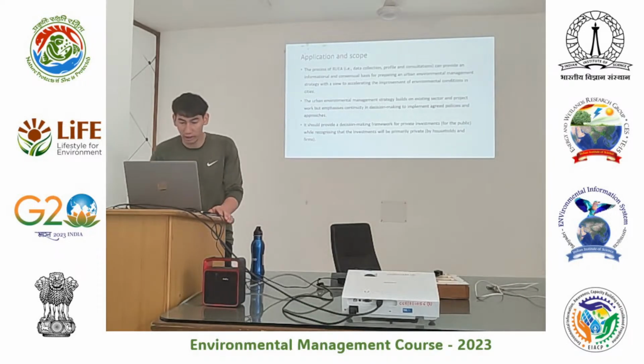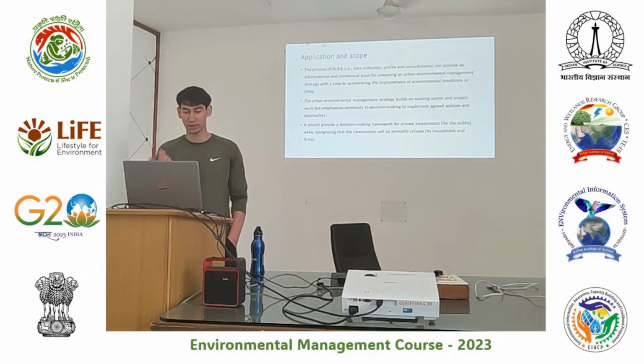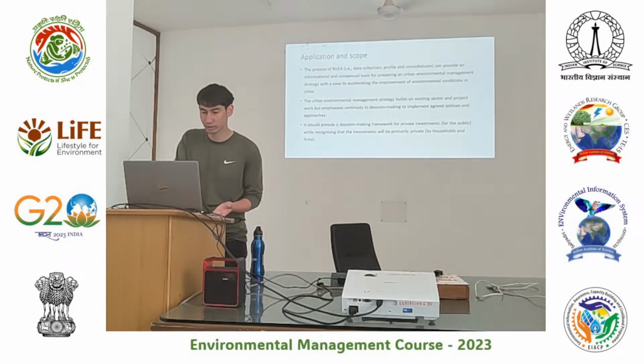The urban environmental management strategy builds on existing factors and project work, but emphasizes continuity in decision making to implement agreed policies and approaches. This should provide a decision making framework for private investment, while recognizing that the investment is primarily private, by households and firms.